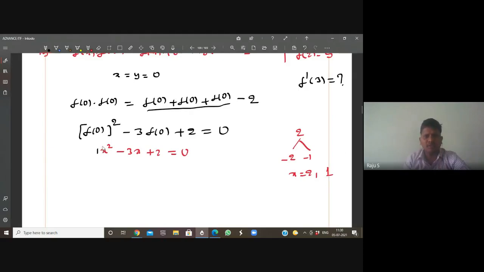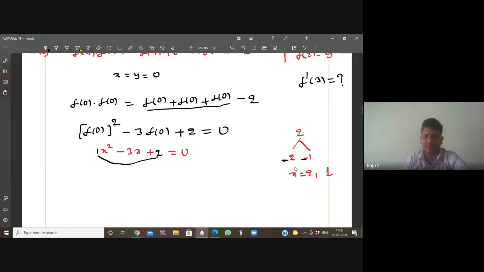See, x square coefficient is 1, here 2 will be there. 1 into 2, the 2 factors are 2 and 1. But here the middle term is minus 3, so you should take minus 2 and minus 1. Minus 2 into minus 1 is plus 2, and minus 2 minus 1 will be minus 3.